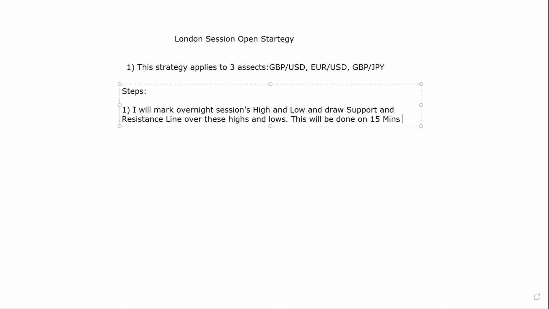And draw support and resistance lines over these highs and lows. This will be done on 15 minutes time frame. 15 and 5 minutes time frame.